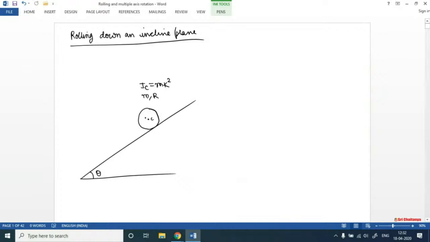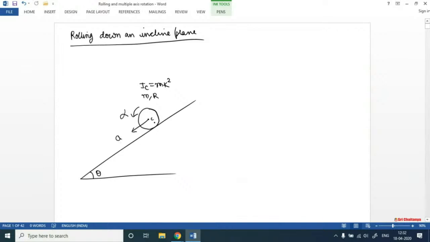So we have released this sphere from rest, and we are interested in, as this round body will roll down the incline, what would be the acceleration of its center of mass, let's say a naught. And we are also interested in finding out the angular acceleration of this body.